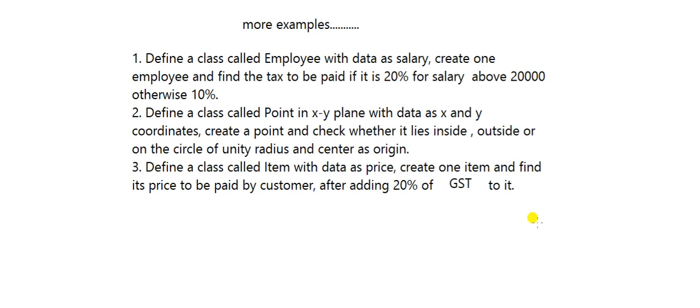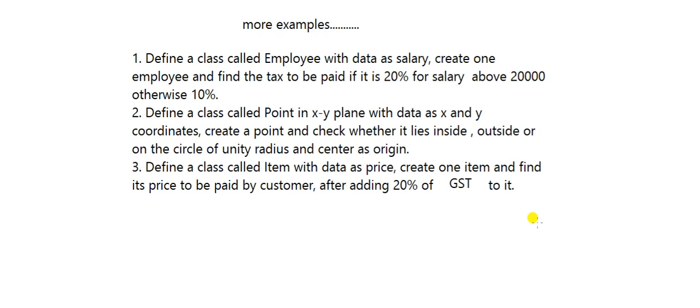And similarly, the second example has 2 data members, X and Y. Now create one point in the XY plane and check whether that point lies inside the circle, outside the circle, or on the circle of unity radius. The radius of that circle is 1 and the center of that circle is the origin itself. So just think over it and try that.